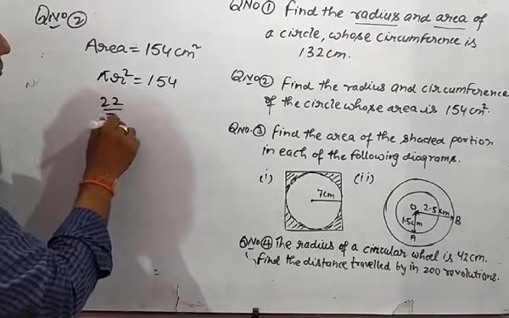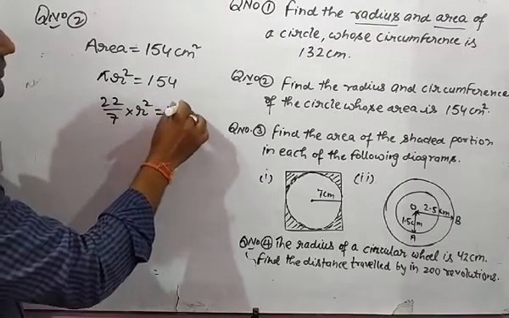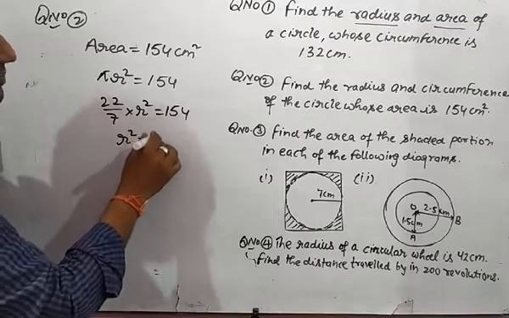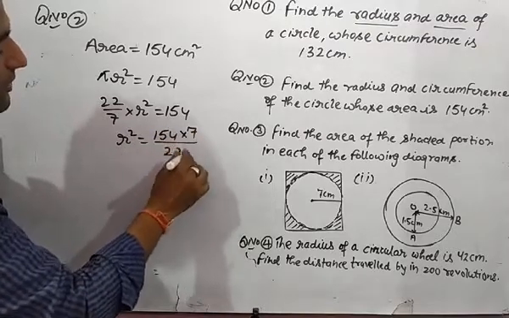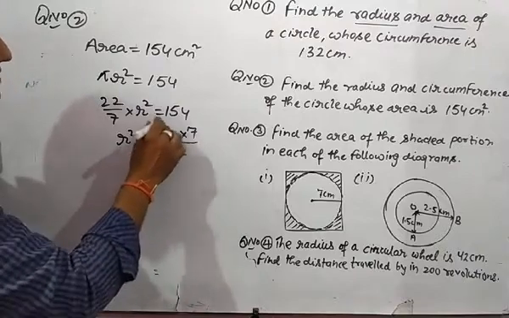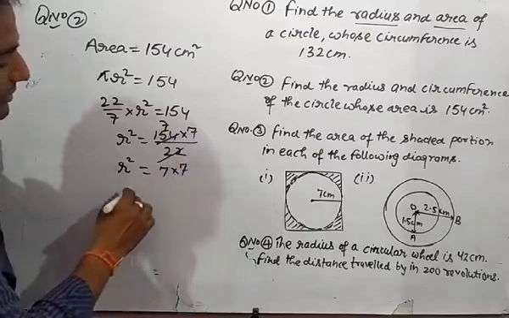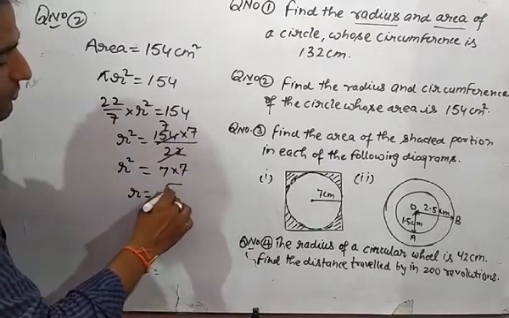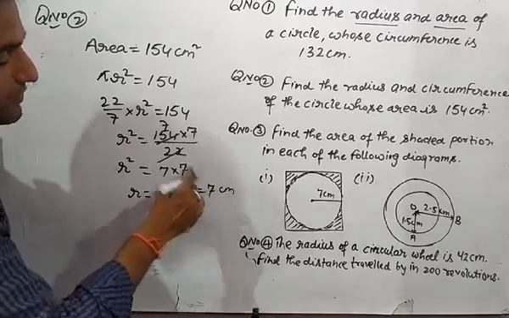Pi means 22 by 7, r square means r square, and 154. So r square is equal to 154 into 7 upon 22. So 22 7s are 154. r square means 7 into 7. So r is equal to under root 7 into 7, that is 7 centimeter will be the radius.